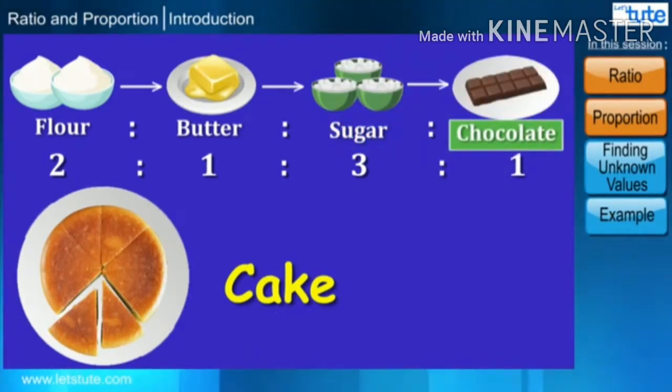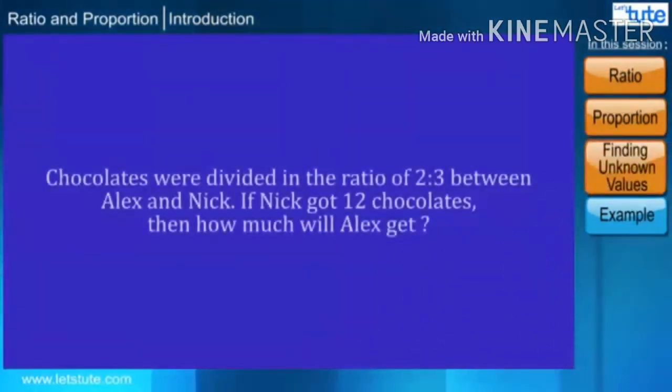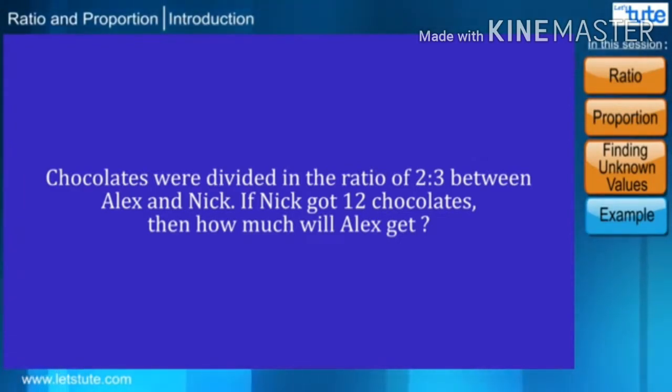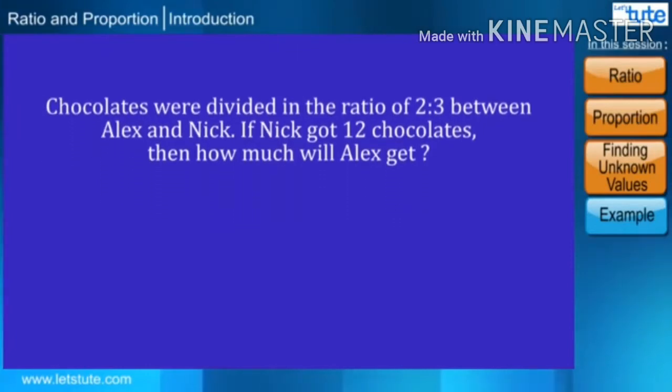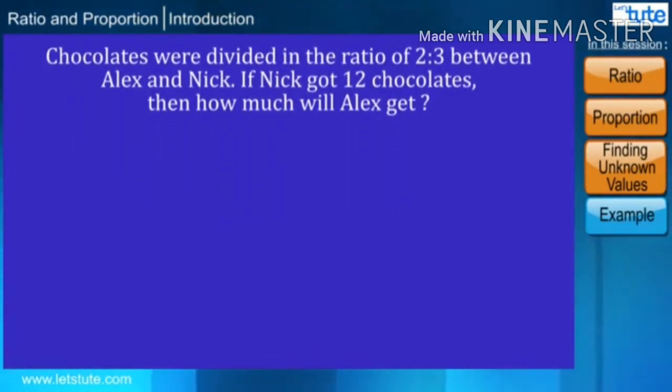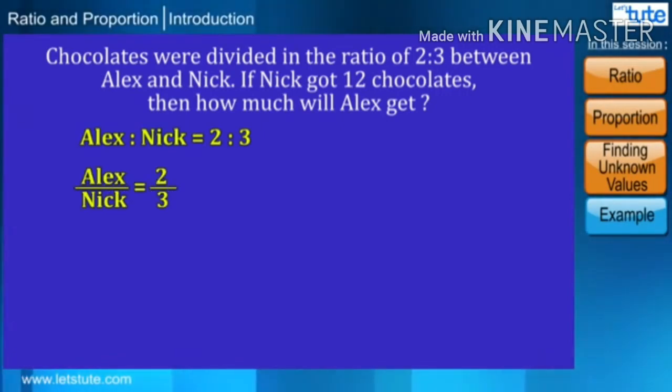Proportions are also used to find unknown quantities. For example, chocolates were divided in the ratio of 2:3 between Alex and Nick. If Nick got 12 chocolates, then how many chocolates did Alex get? Here, we know the ratio of chocolates between Alex and Nick is 2:3, and we can write this as a fraction. Now we know Nick has got 12 chocolates, so let's put that value here.